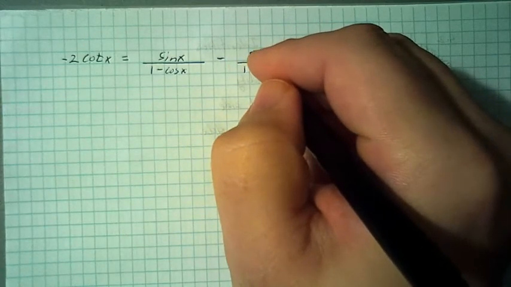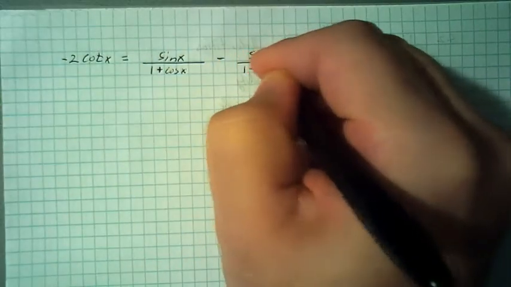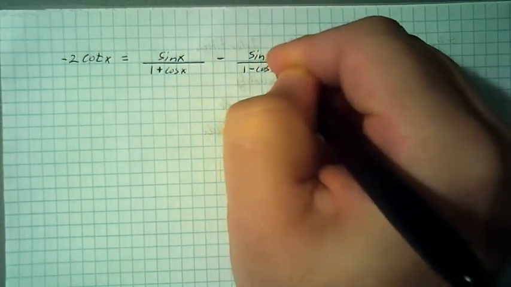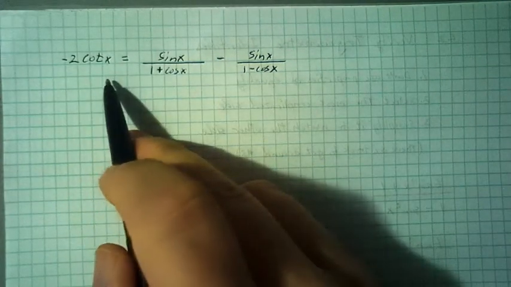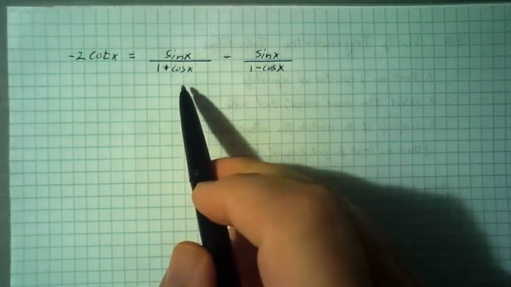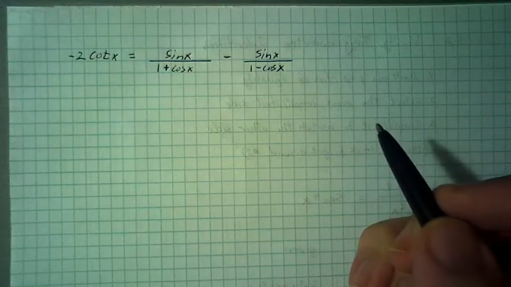Oh, I did that backwards. The first one should be plus, and the second one should be minus. Okay. -2 cotangent x equals sine of x over 1 plus cosine x minus sine of x over 1 minus cosine of x.